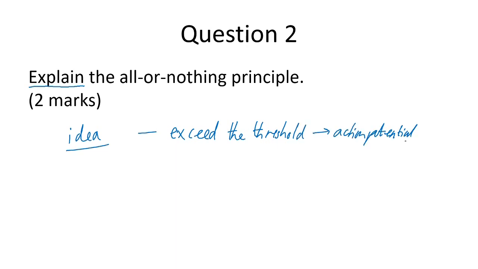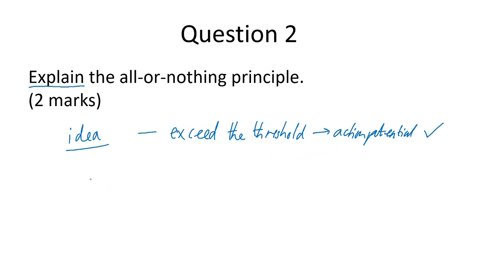So ways you could express that idea in your answer would be statements like the stimulus must open enough sodium channels to exceed the threshold in order for an action potential to be generated, or changes in the membrane potential which exceed the threshold lead to an action potential. If it doesn't reach the threshold, then we don't get an action potential. So that's one idea that needs to be in there.